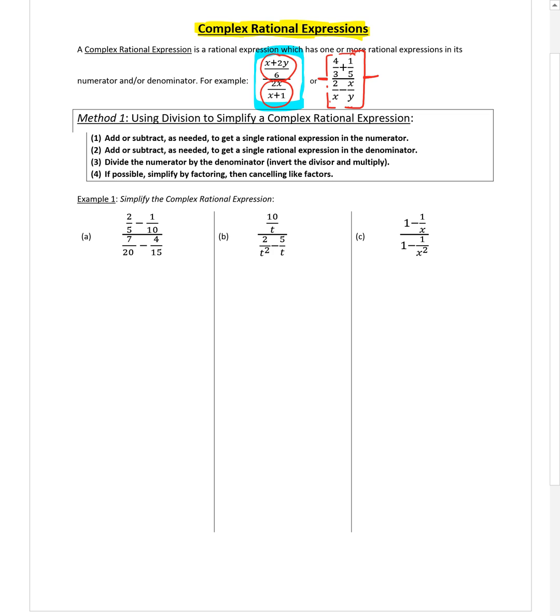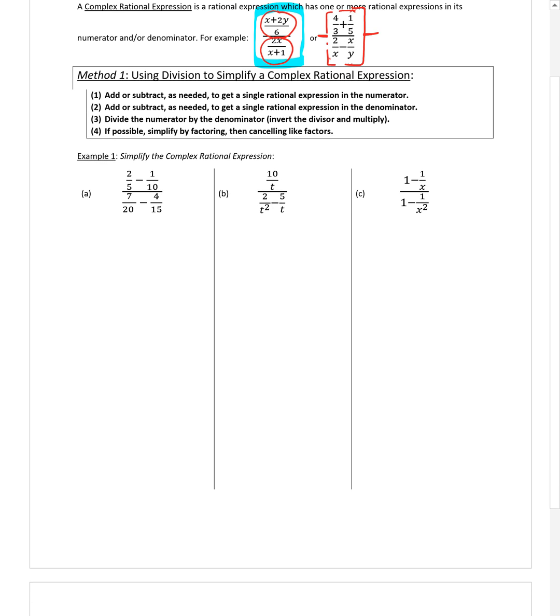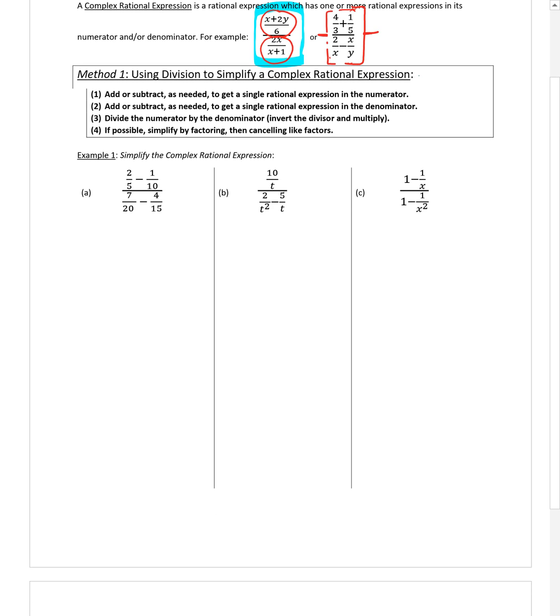Alright, so let's just try reading over method 1 here. I'd say method 1, the good thing about it is it's kind of what you would think to do. It's kind of a natural method, like you might guess this method. So it's easier to remember.